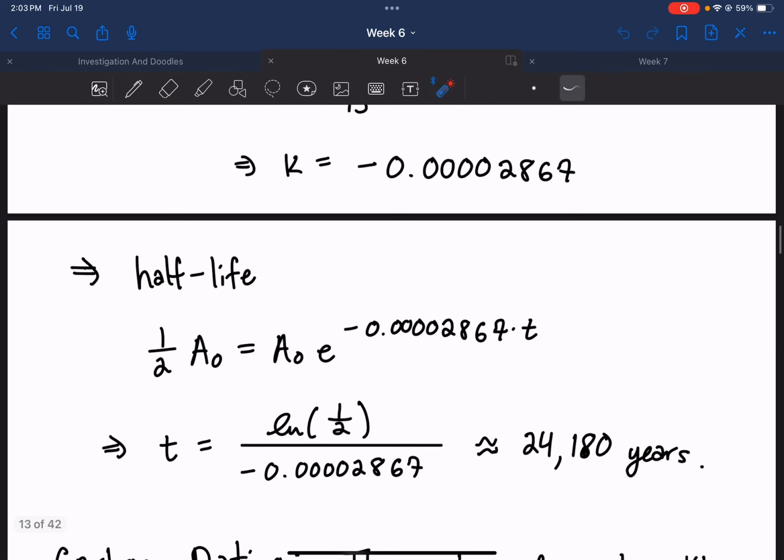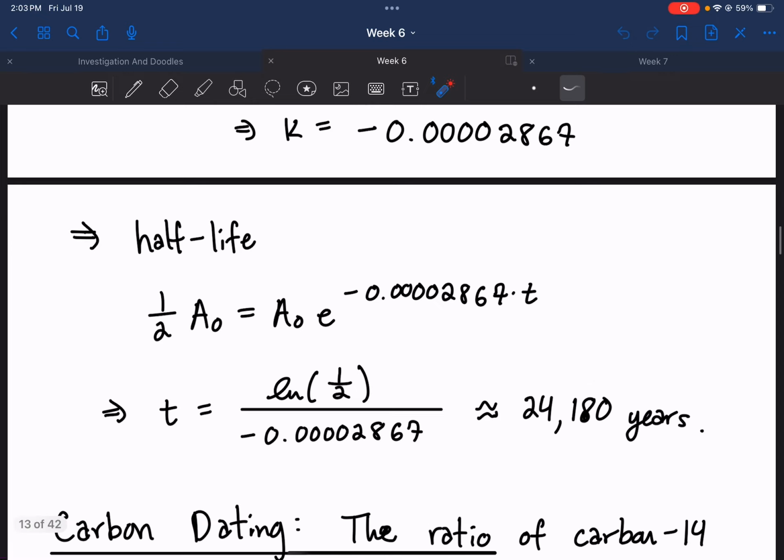So we just set 1/2 A naught equal to the equation for A of t, which means just solving for t. Take the natural log of both sides. The e's cancel, divide by this number. We get t is about 24,000 years.